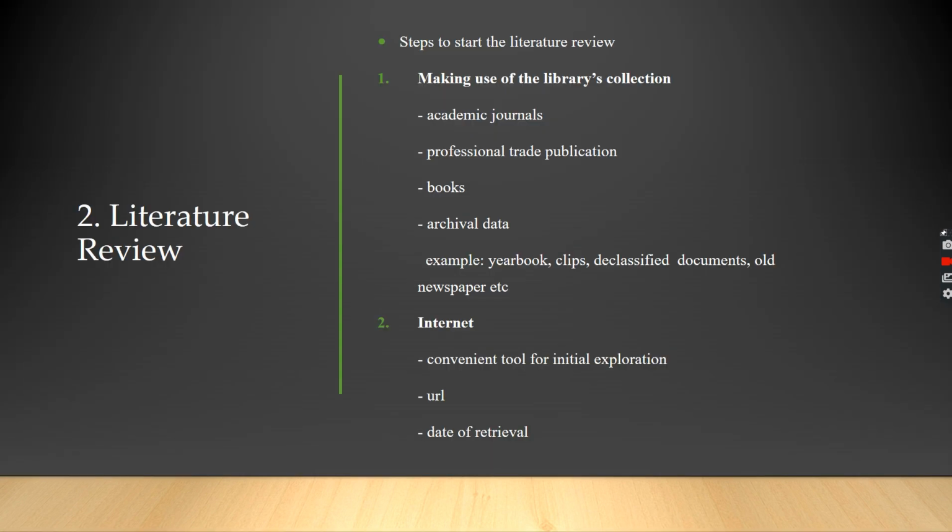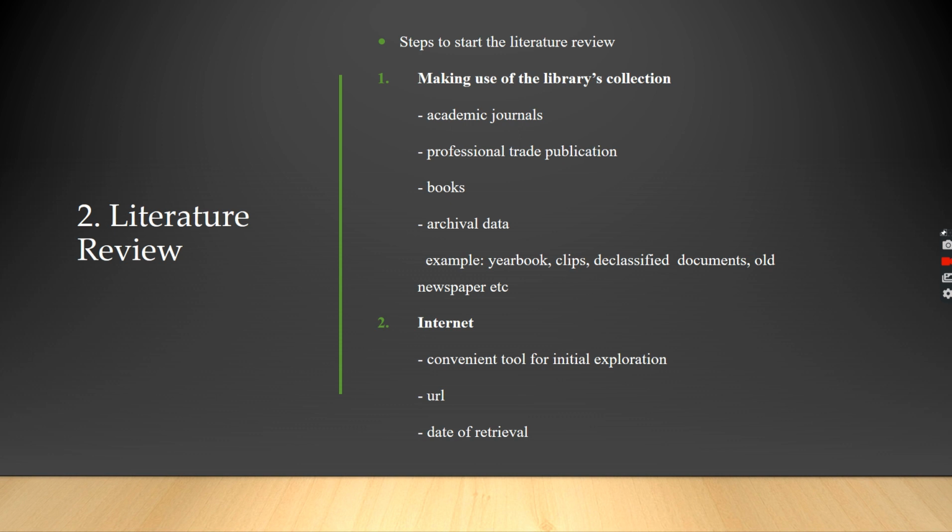Second, this is very instrumental, really important. You have to give emphasis to the literature review. Why is it so? Because in the topic that you're going to research, basically there is a lot of research that has been done.